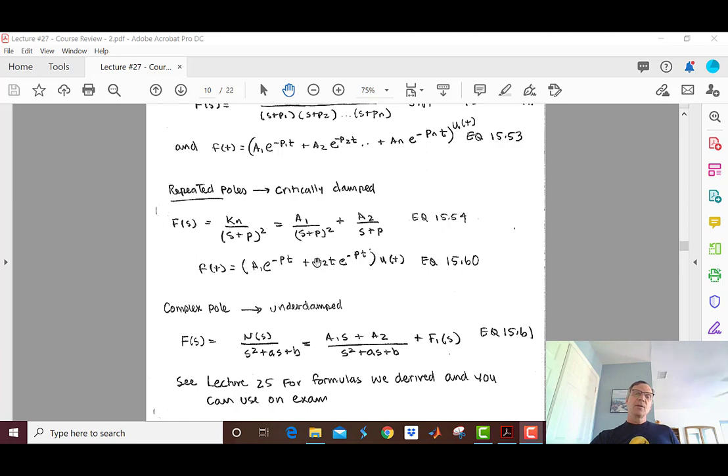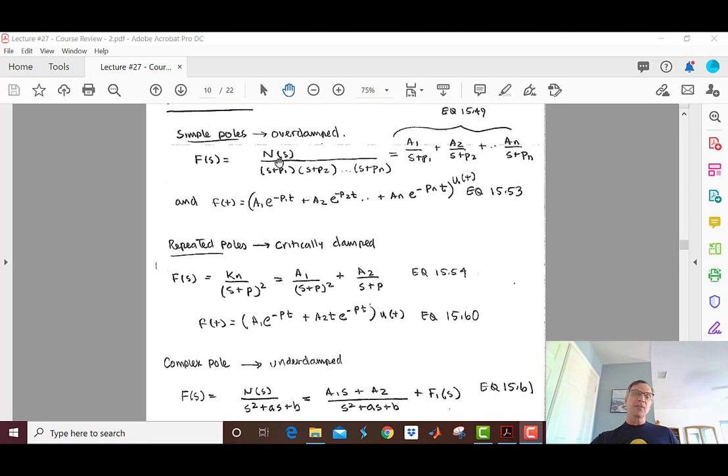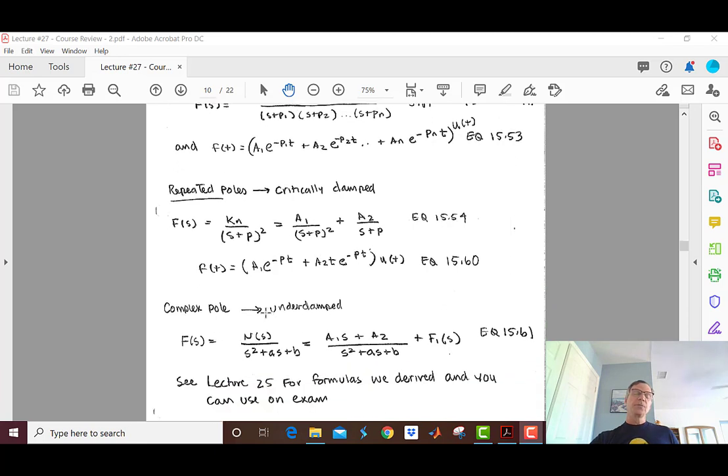And the important thing to realize here is if you can factor this denominator into a couple of simple poles, you don't have this case. You have either this case or this case. So the way you know you're underdamped is if you can't factor this and get simple poles.